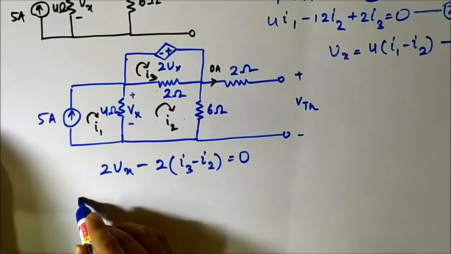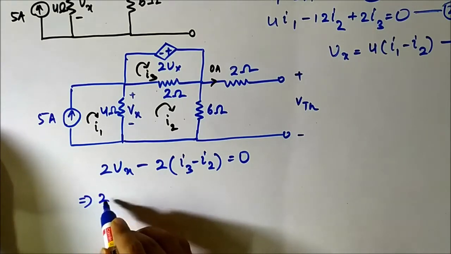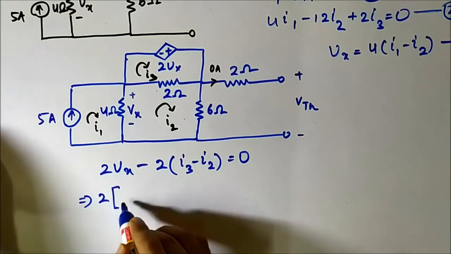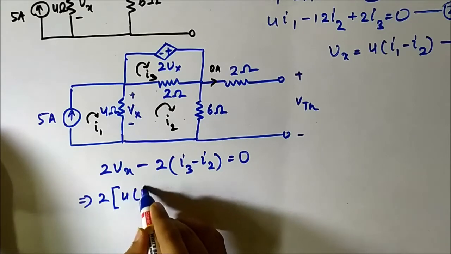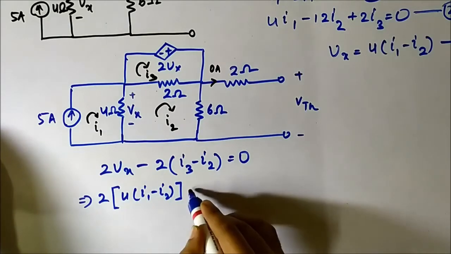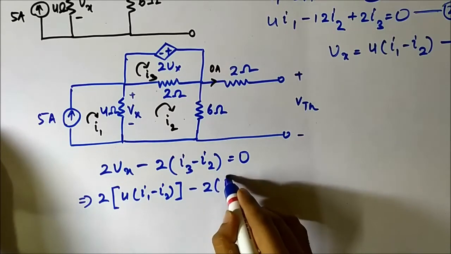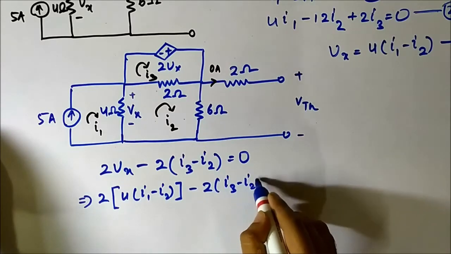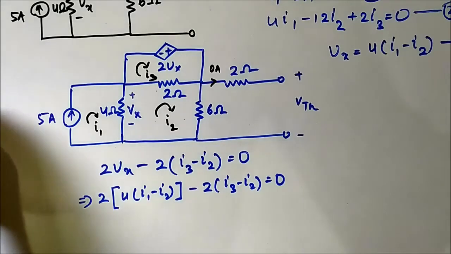So it will be 2 into 4 into (I1 minus I2) minus 2 into (I3 minus I2) is equal to 0.